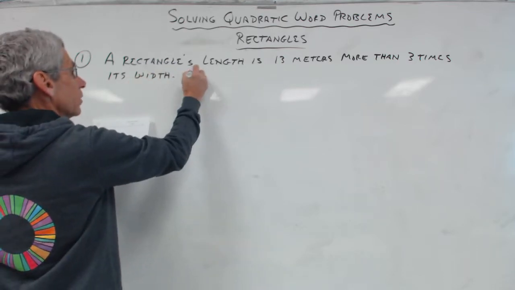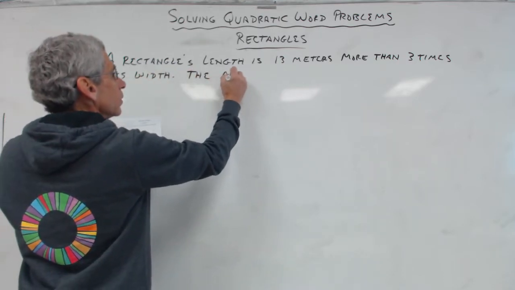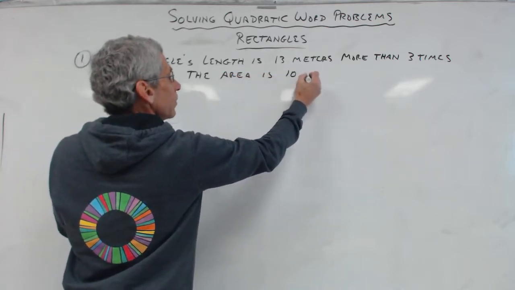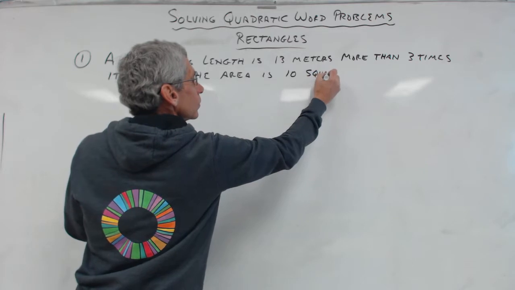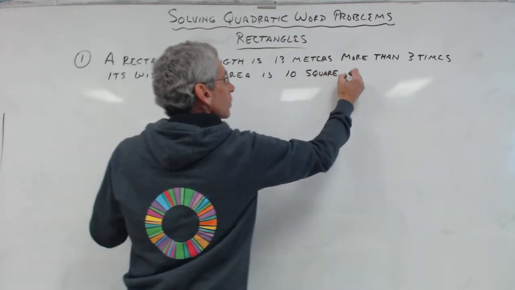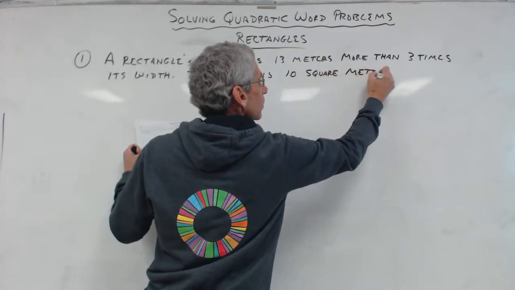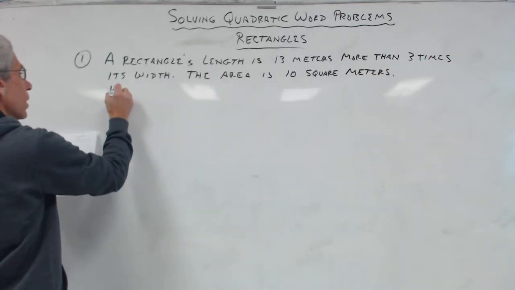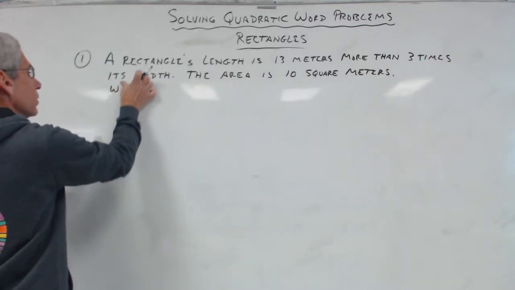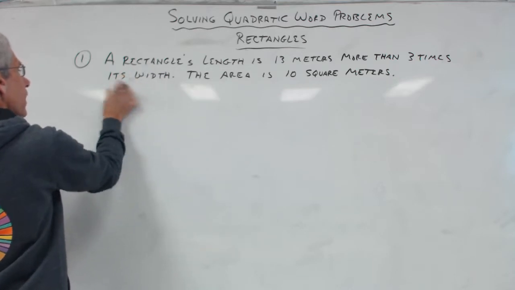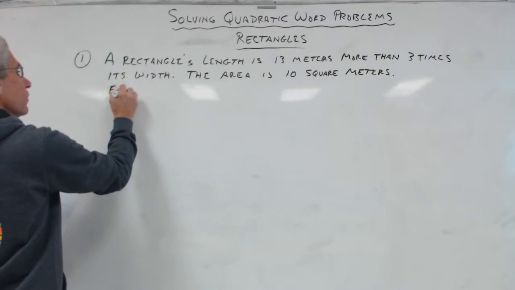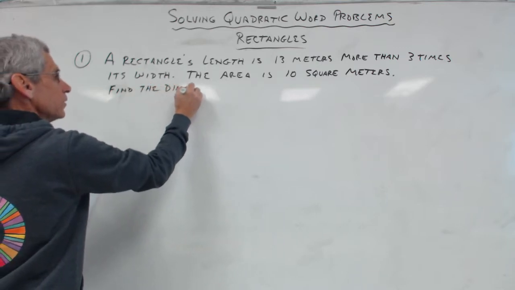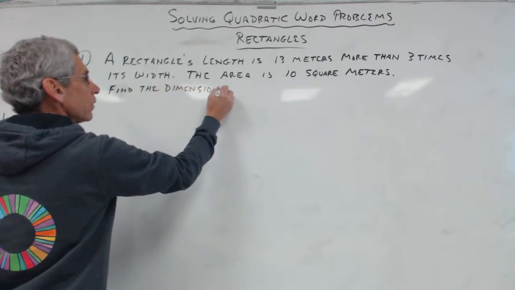The area is 10 square meters. How about just say find the dimensions? Find the dimensions. You know what I mean by dimensions? Length and width, right?